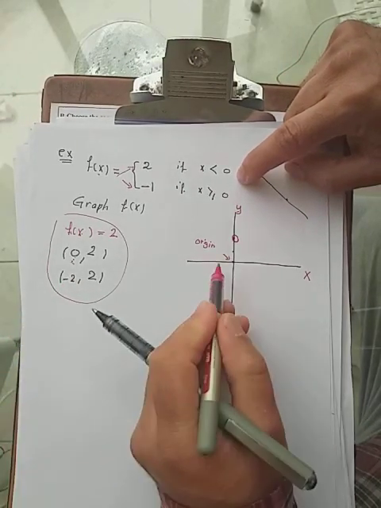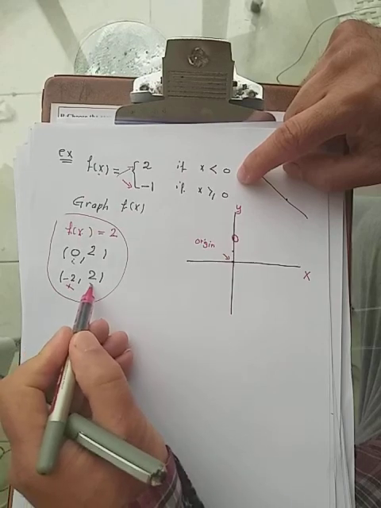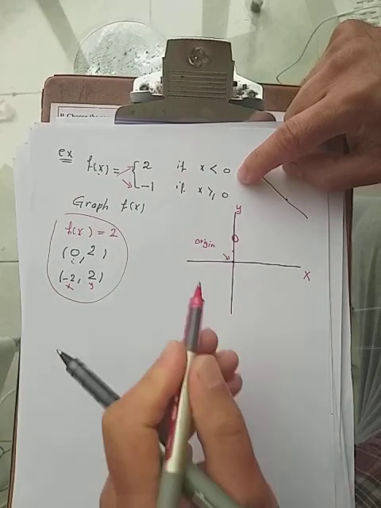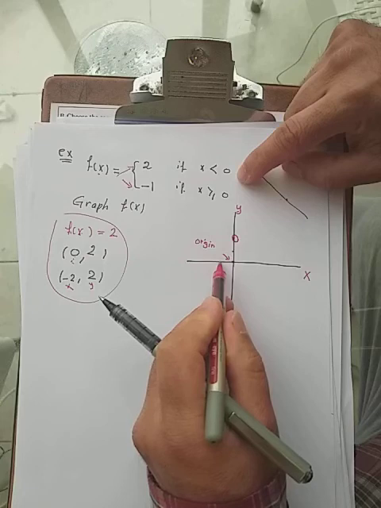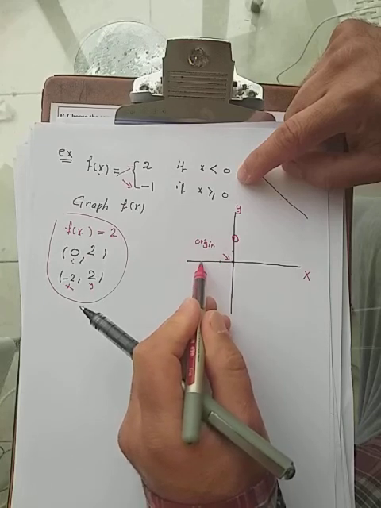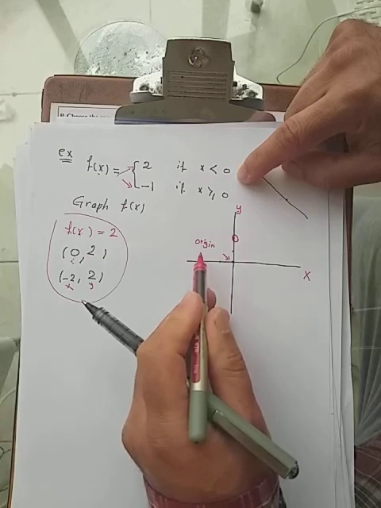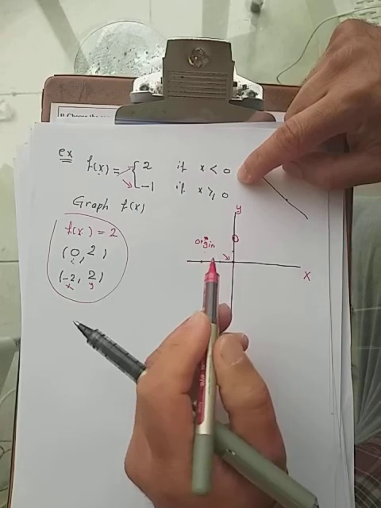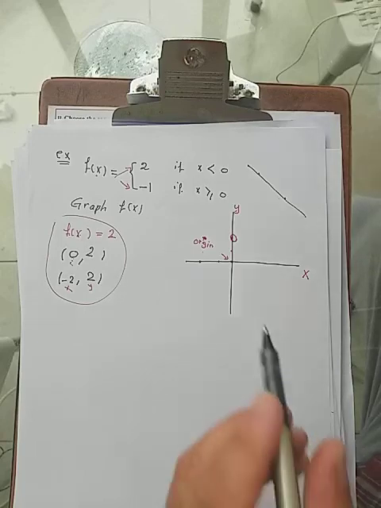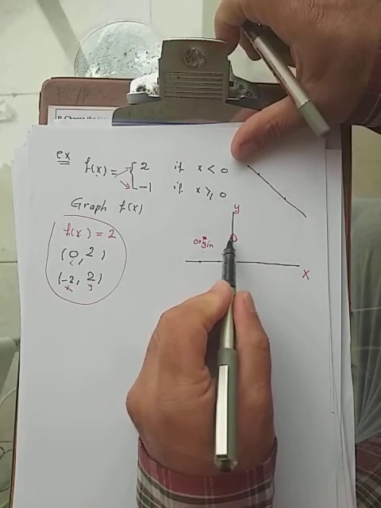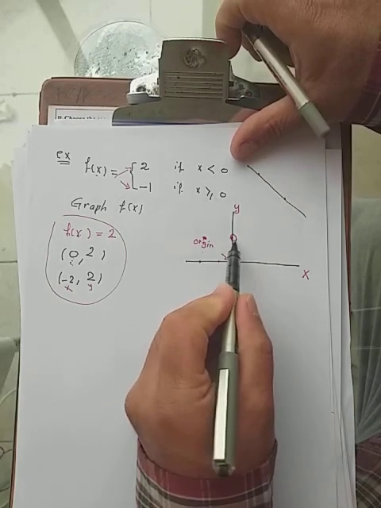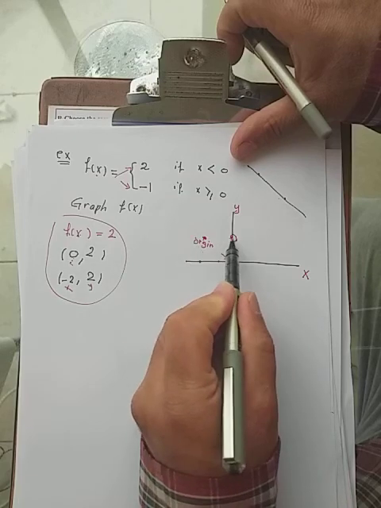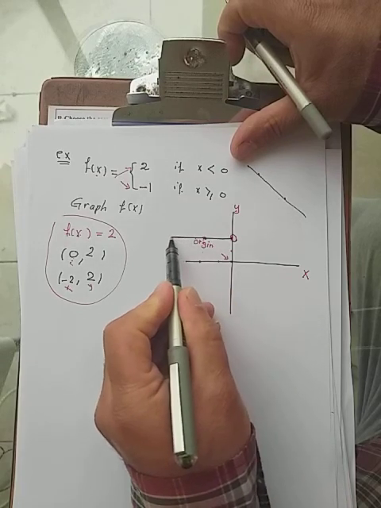Minus 2. Where is minus 2? This is x, as you know, and this is y. x is minus 2. If x is minus 2, then y is equal to what? 2. Draw a line from big to small, like this one.